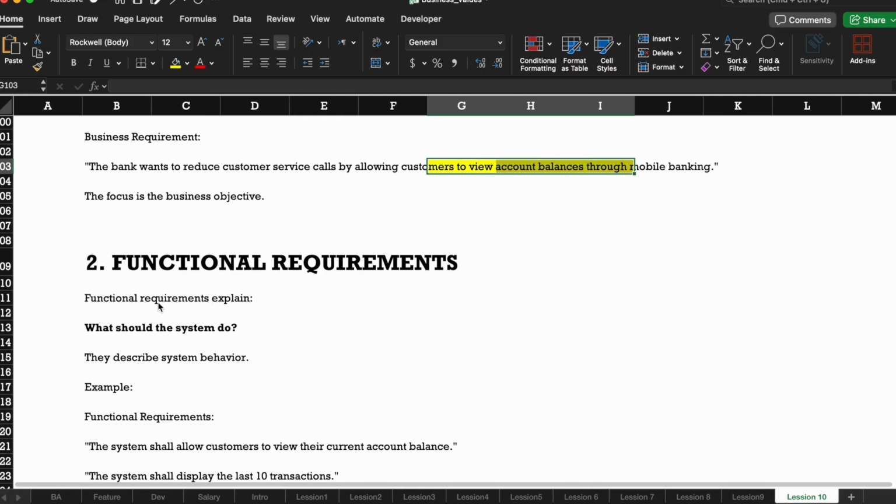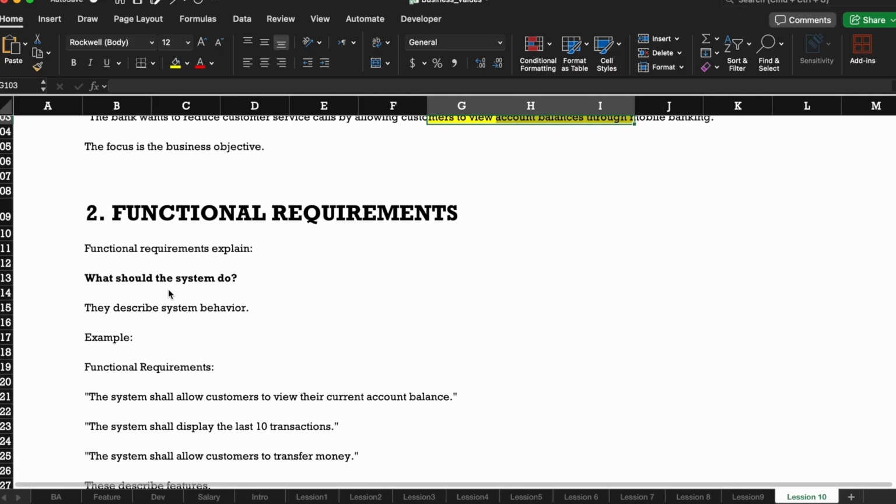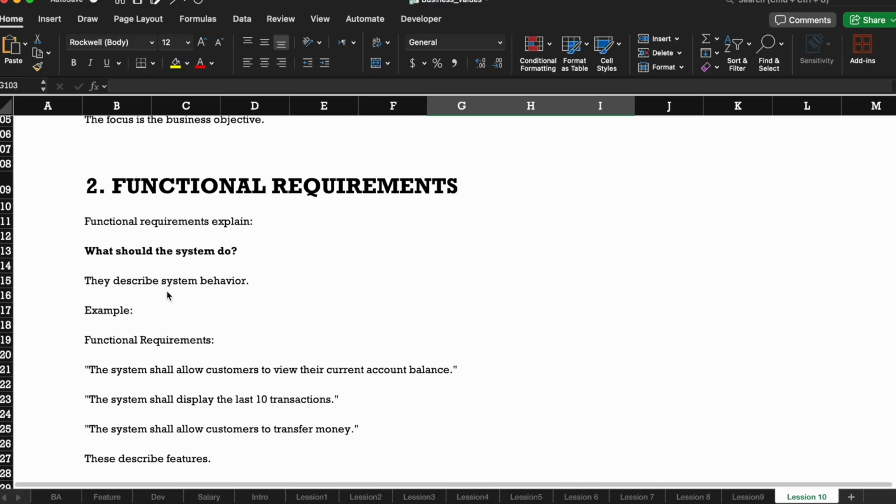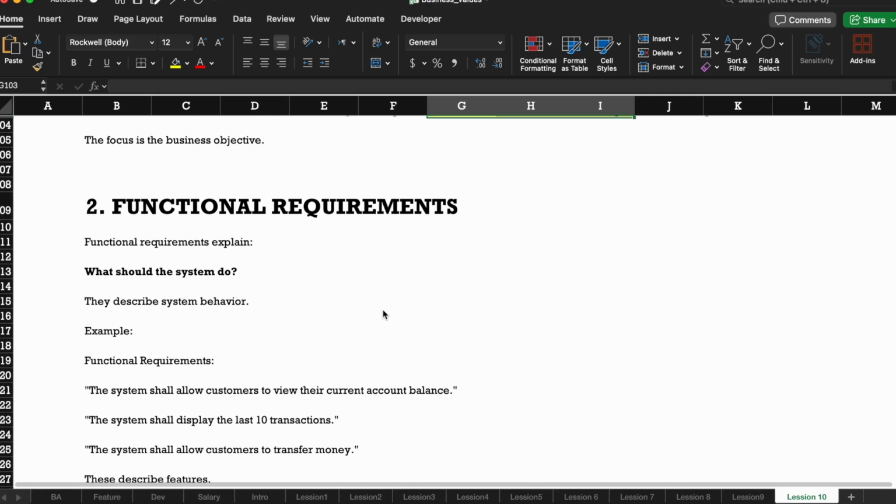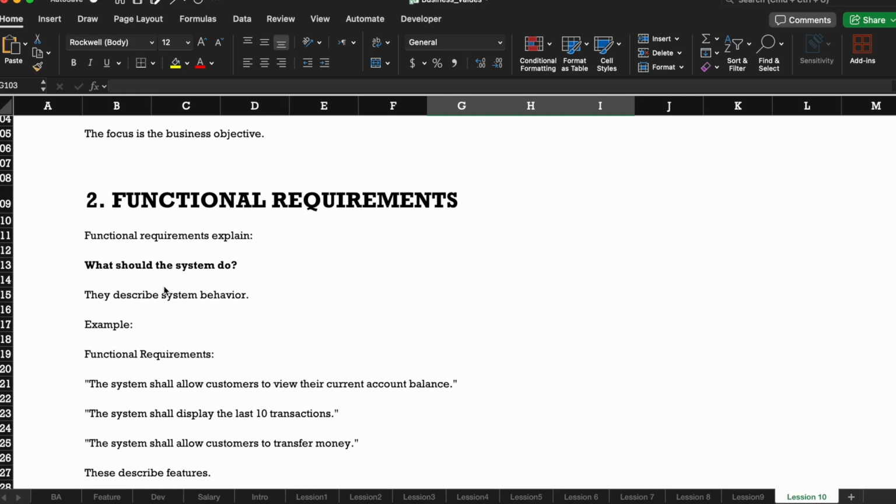Next, the functional requirement. Let me explain what a functional requirement is. What should the system do, right? We understand what the business wants. So how do we document it for the developers to program? This describes system behavior.